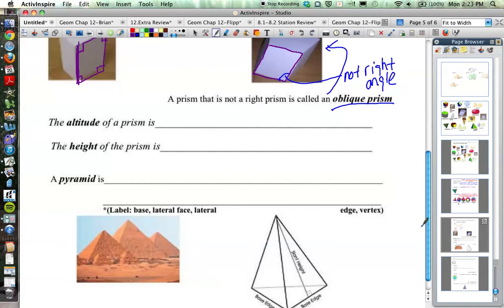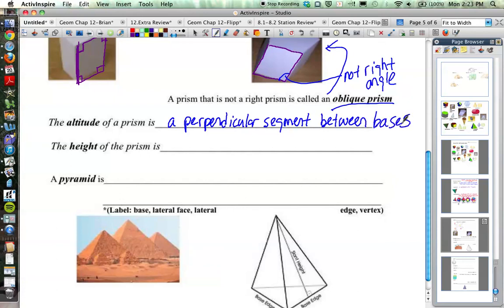All right, a couple more terms for prisms. The altitude of a prism is a perpendicular segment from one base to the other base. So a perpendicular 90 degrees, so a perpendicular segment between the bases.